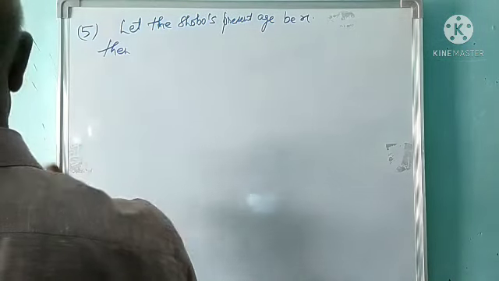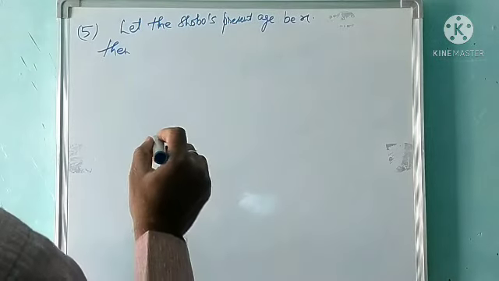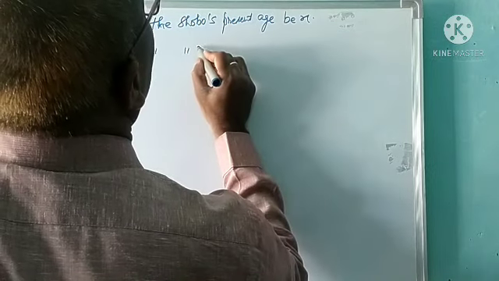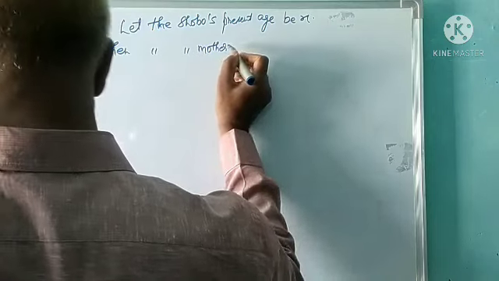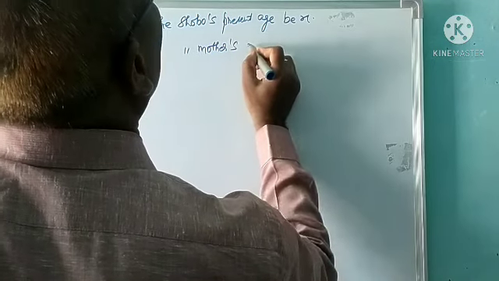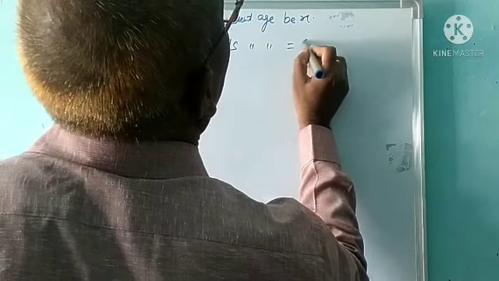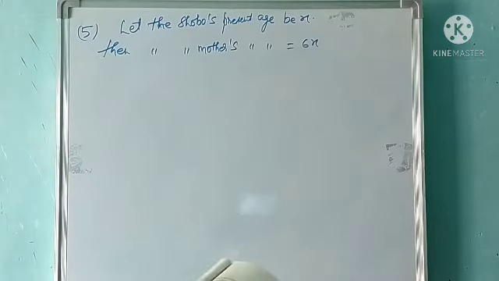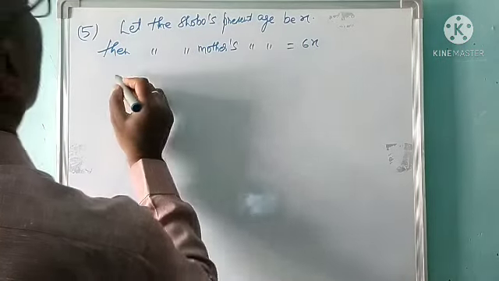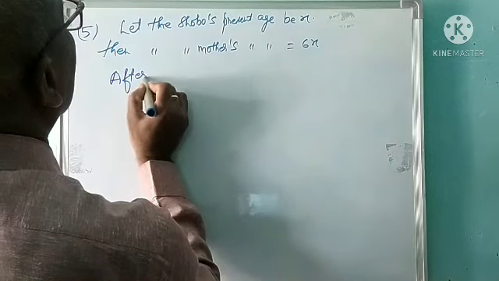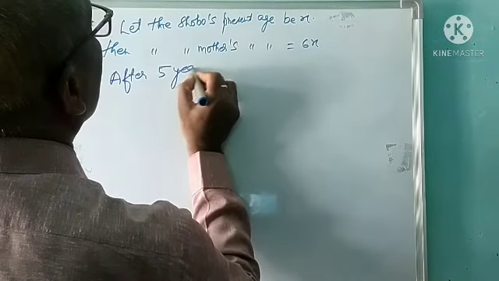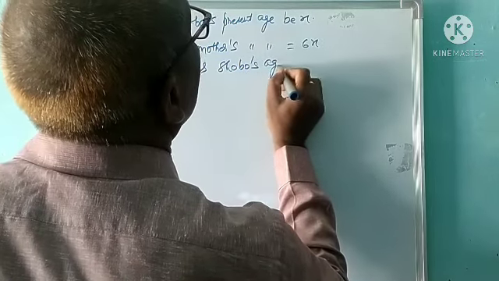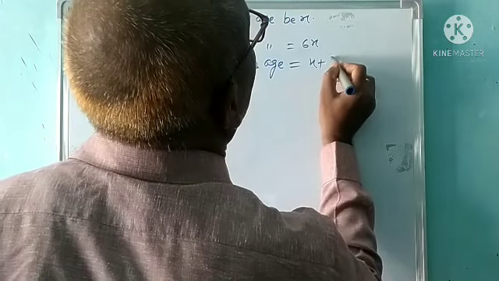Then Shobu's mother's present age is equal to 6x. Shobu's age 5 years from now, after 5 years, Shobu's age is equal to x plus 5.